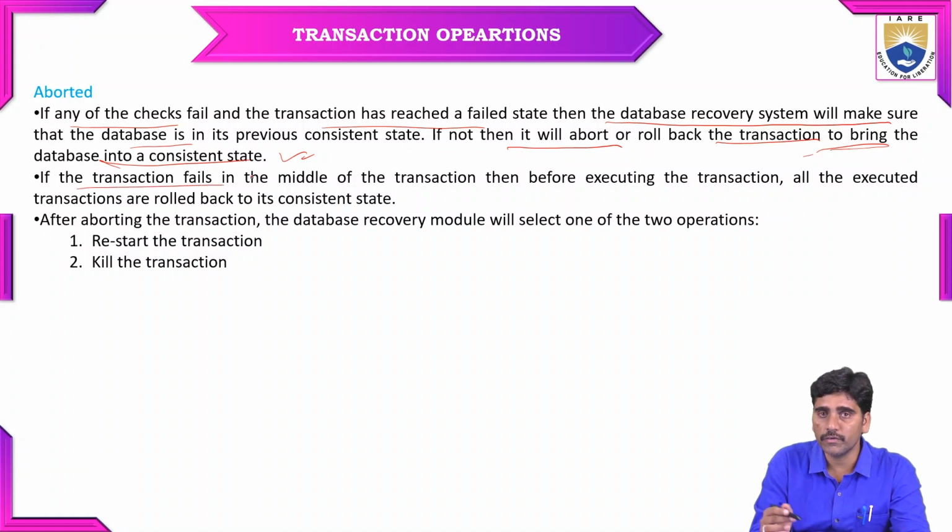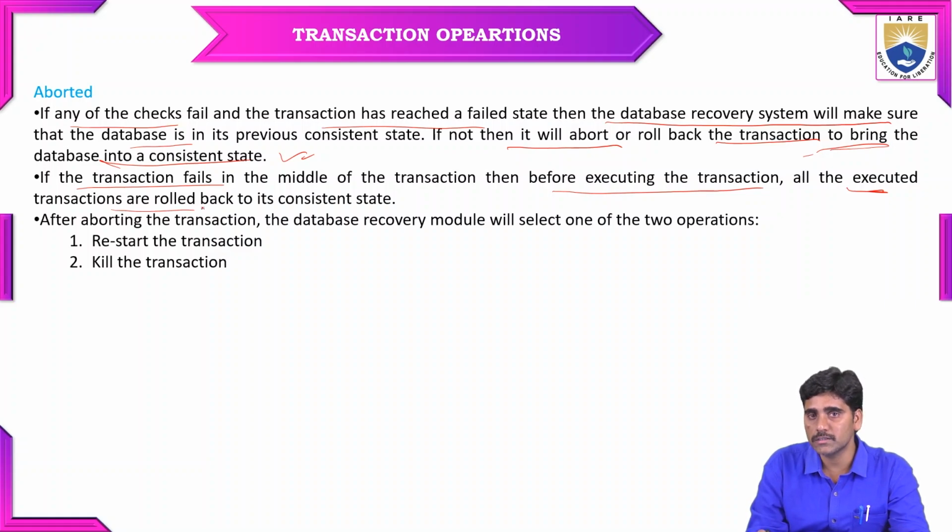If the transaction fails in the middle of the transaction, then all the executed operations are rolled back to its consistent state. After aborting the transaction, the database recovery module will select one of two operations.